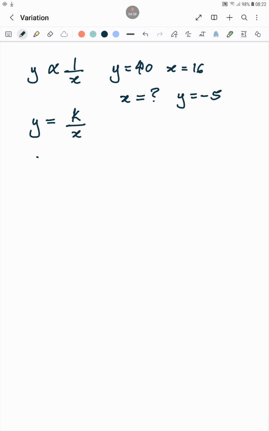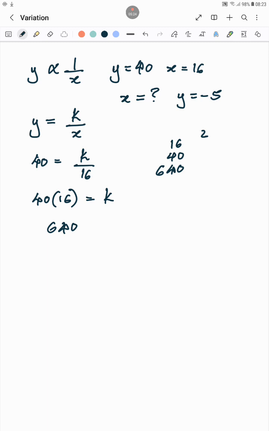Now you substitute. Here you put 40 and here you put 16, and now you find the value of k by multiplying both sides by 16, which means 16 times 40, that's 640 is the value of k.